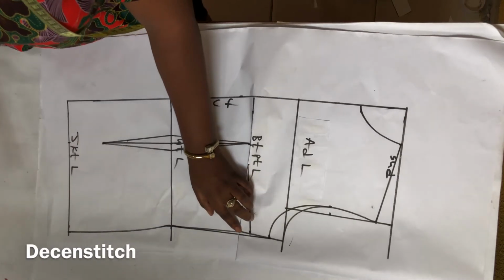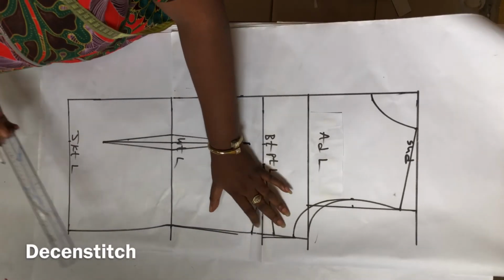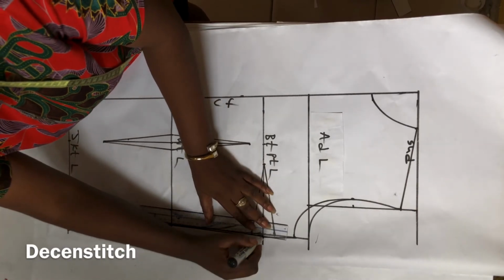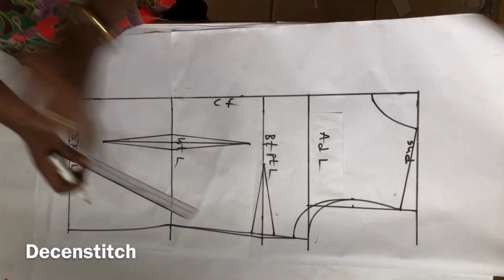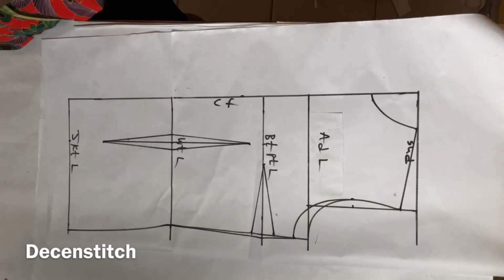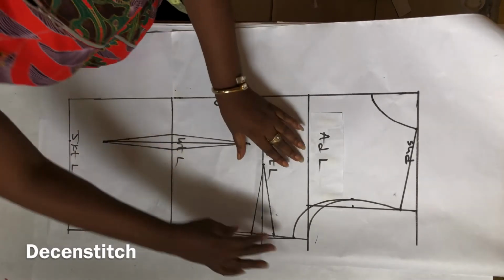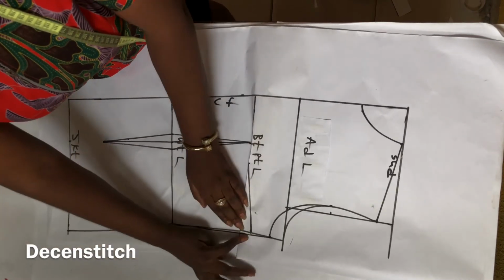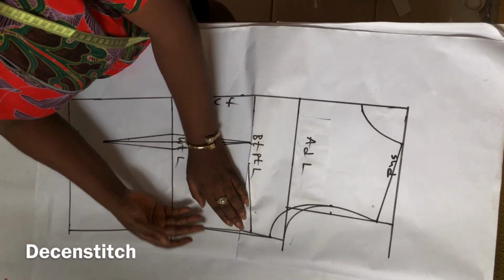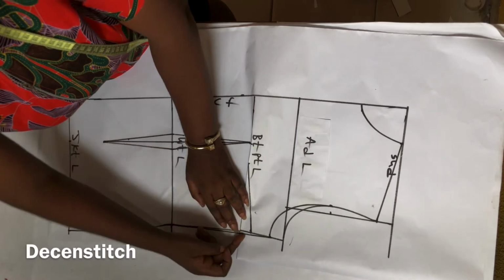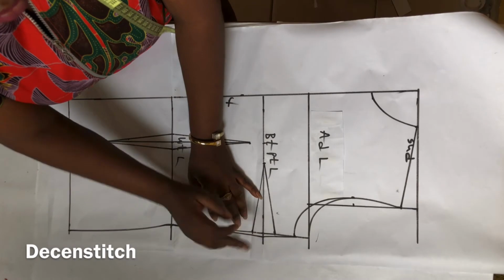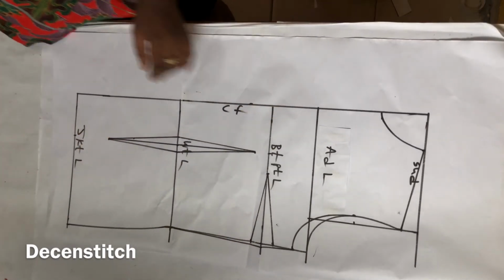You draw it that way, then open it, and from that tip you draw it into the line again. So if your line is not going to meet after sewing your darts, you do it that way. So when you're cutting, you don't cut the old line, you cut the new line. For me, I'll be using my old line because mine is okay.